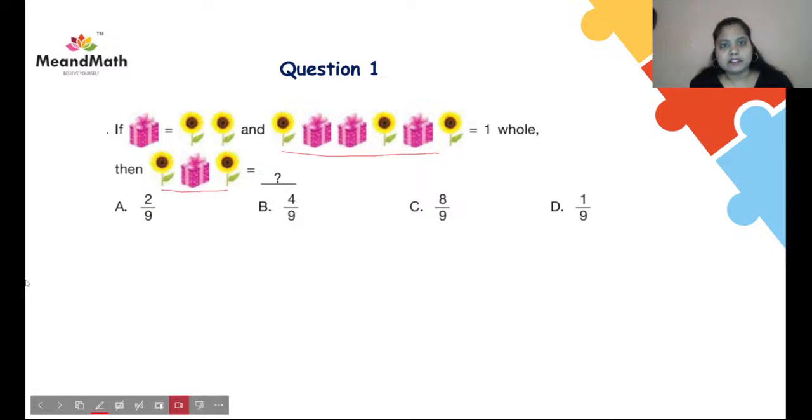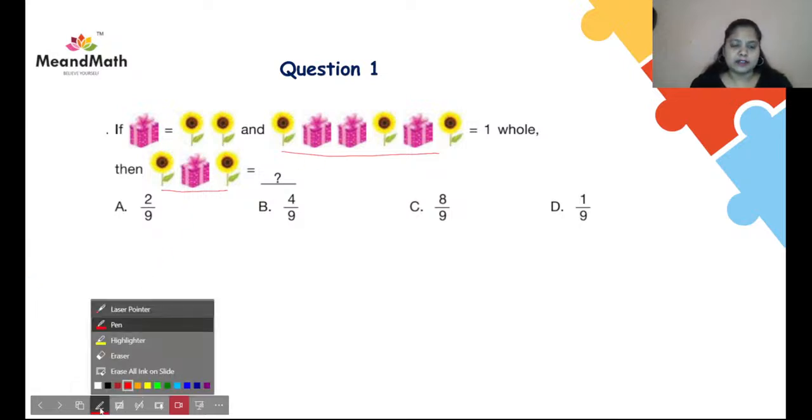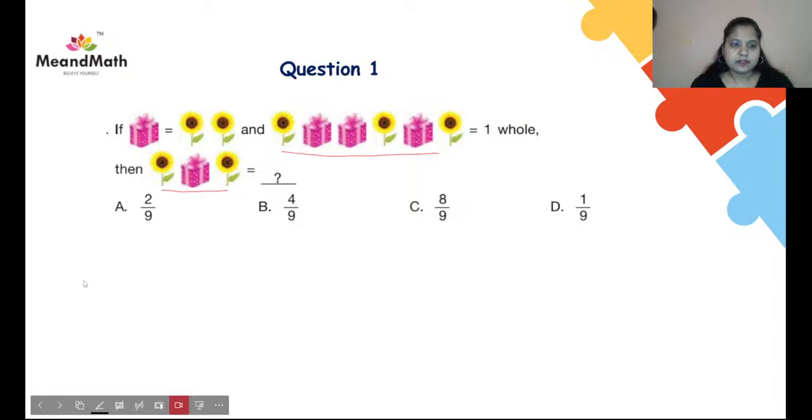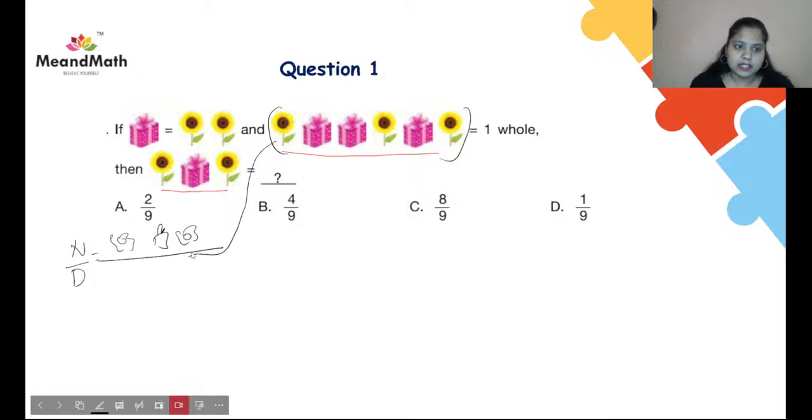We write numerator by denominator, right? The numerator is nothing but the shaded part, or what part they are asking. So in this case it is one sunflower, one gift box, and another sunflower, by the total, whatever this whole part is, that will come in the denominator. Now we have to figure out what is the total and what is the shaded part.